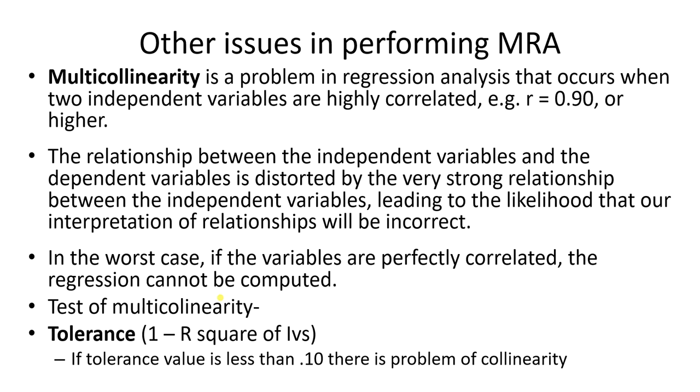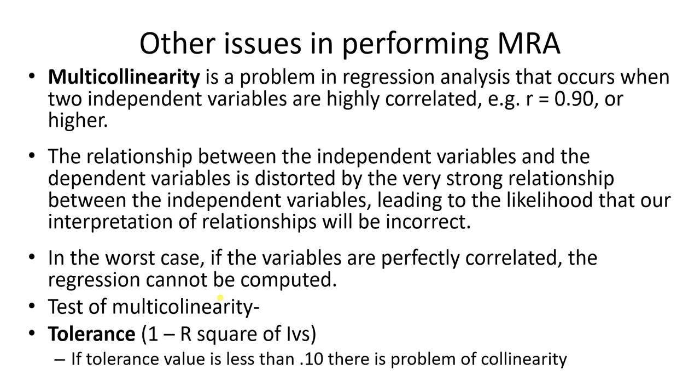But let us first understand how we assess multicollinearity in multiple regression analysis, and what problem is created by this issue. Multicollinearity basically distorts the actual strength of the relationship between the predictors and the criterion, leading to the likelihood that our interpretation of the relationship will be incorrect.